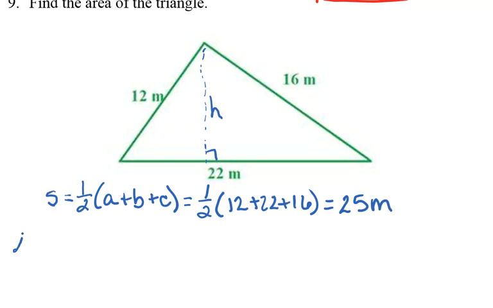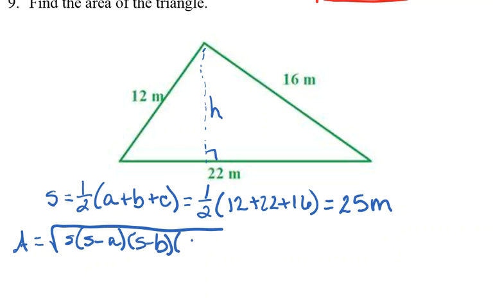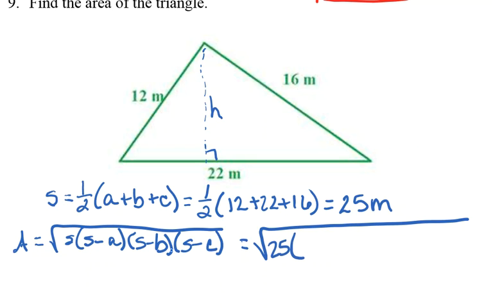Now the formula itself, once I know s, is take the square root of s times s minus a times s minus b times s minus c. So s we already determined was 25. And again, order doesn't matter who's a, b, and c. You just want to make sure you do all of them. So it's 25 minus 12 times 25 minus 22 times 25 minus 16.